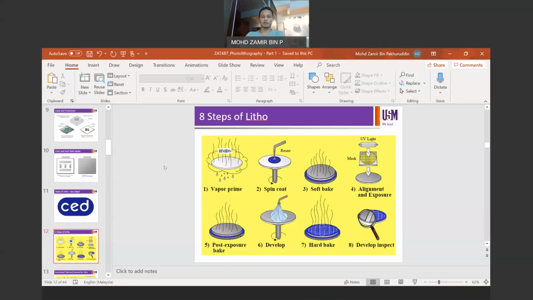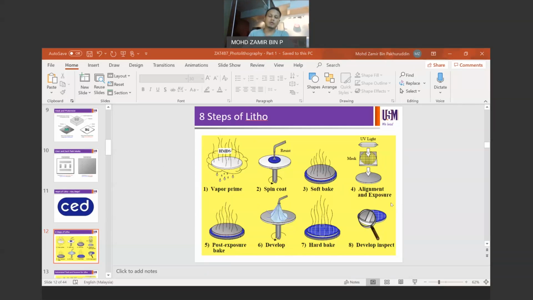So after the soft bake process, now we're going to go to the E step, or the exposure step. We're going to use a scanner in these particular steps.